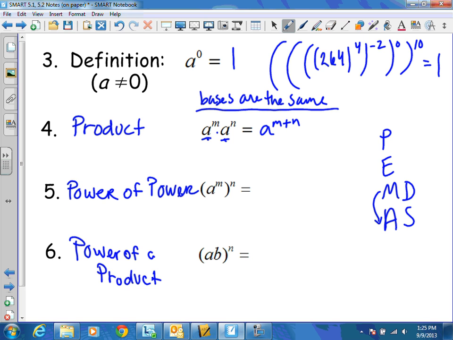Okay. Power to a power. Here I have a power and another power, so I have an exponent on an exponent. So what am I going to do with the exponents? Multiply them. So it'd be m times n.